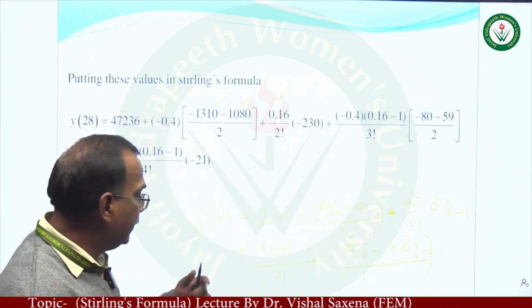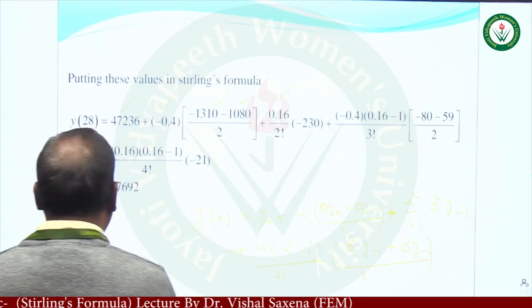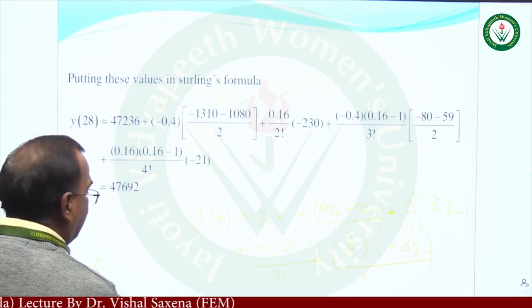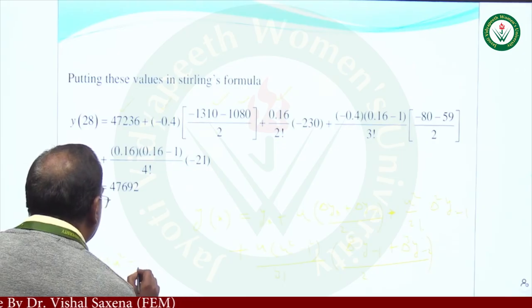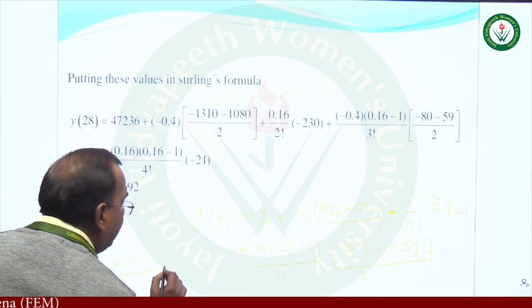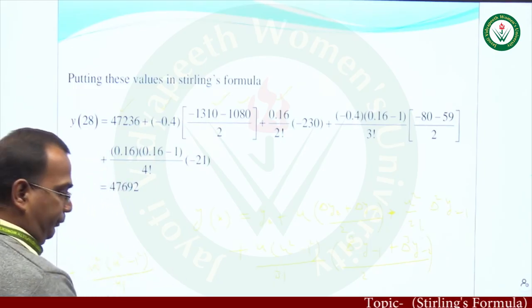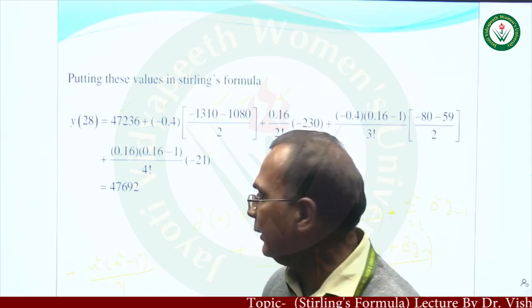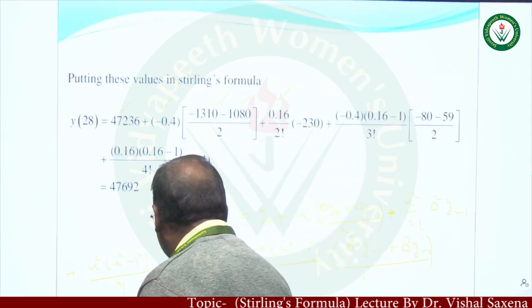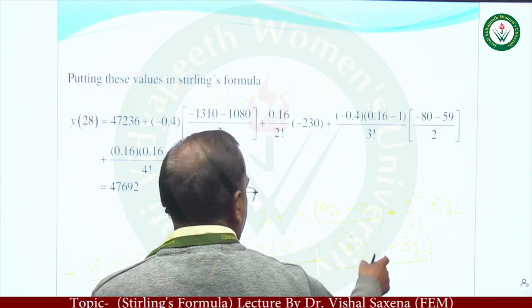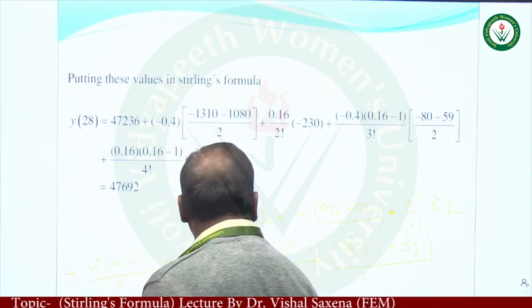So what term will come in the next plus here? This will be u square into u square minus 1 square upon factorial 4, and because the degree of this polynomial is even, there will be a single term. What will be the single term here? You see this one, del 4 y, the last term is y minus 2, so it is del 4 y minus 2.